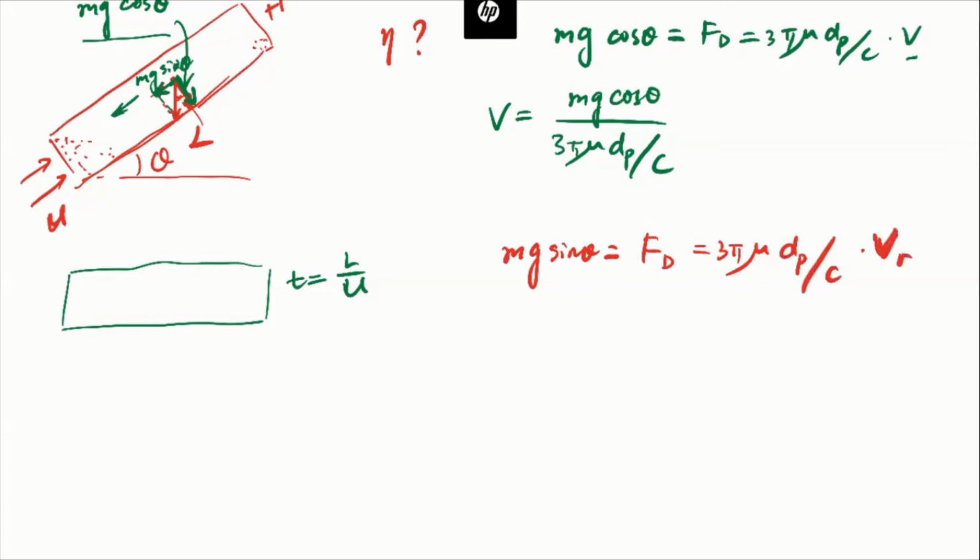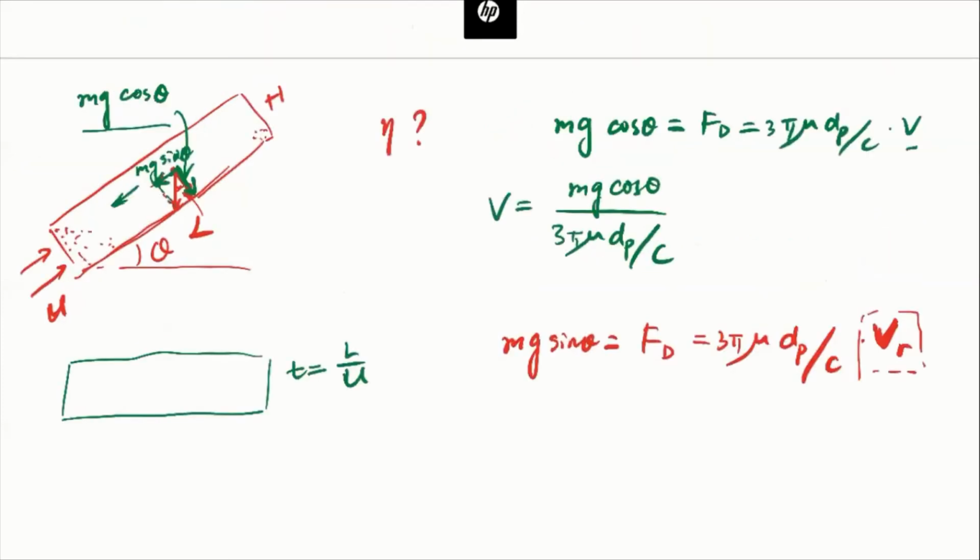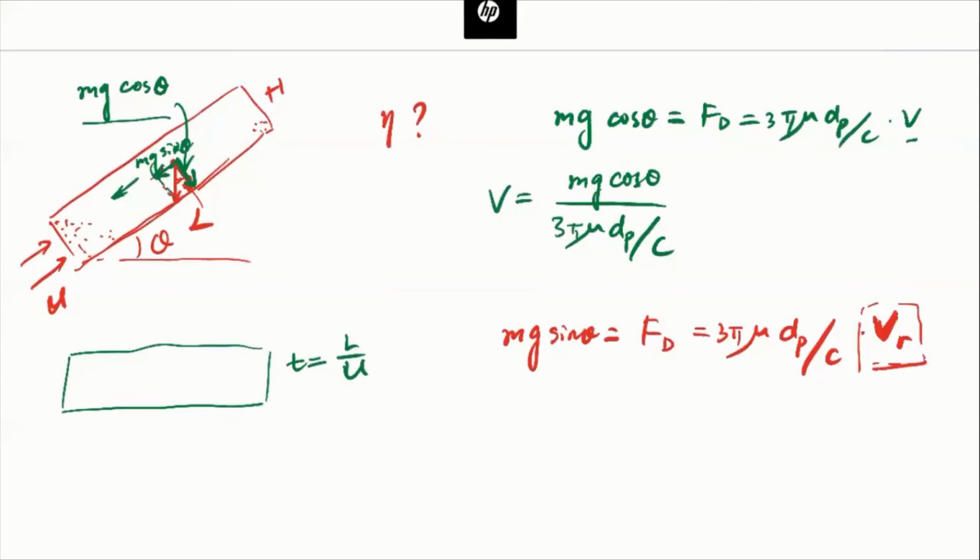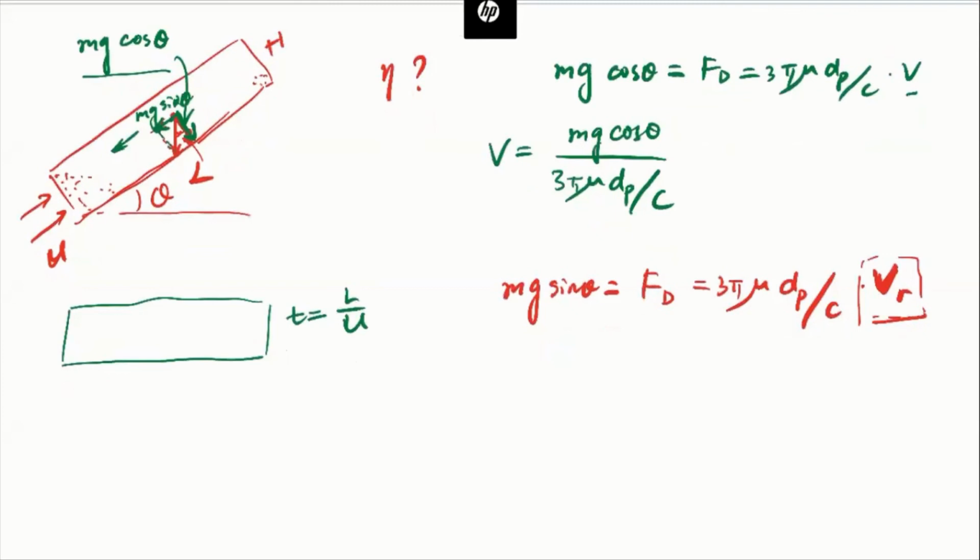So now we have to consider this relative velocity here, okay? Previously the flow didn't have a velocity in the direction perpendicular to the duct, and now the flow has an external velocity, right? With this equation, we can calculate the relative velocity between the particle and the flow. So this relative velocity is mg sine theta divided by 3 pi mu dp divided by c, okay?